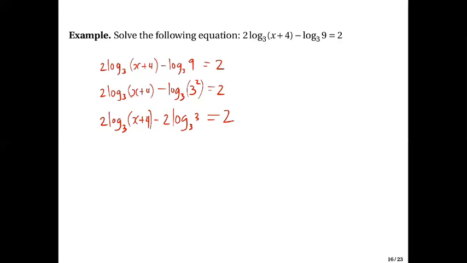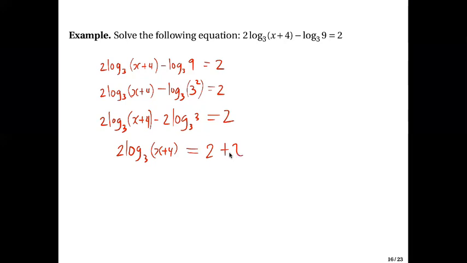So in here, you have 2 log of x plus 4 with base 3. This is equal to 2 plus 2. So log 3 base 3, that's 1. And then you have now minus 2 times 1. You bring this to the other side. So it becomes plus 2. Okay?